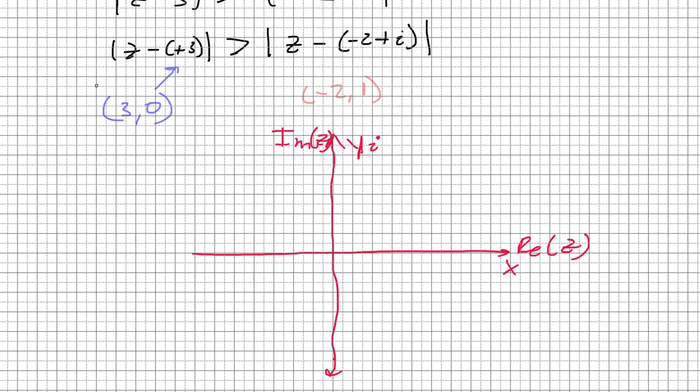I've got our first point, (3, 0), which we can put over here. And we've got our other complex number, negative 2, positive 1, which we'll put here. So we can have (-2, 1).